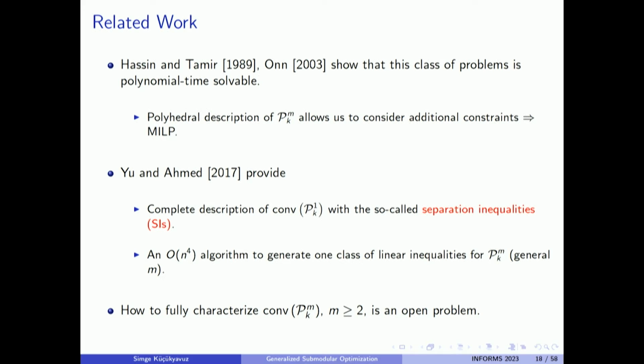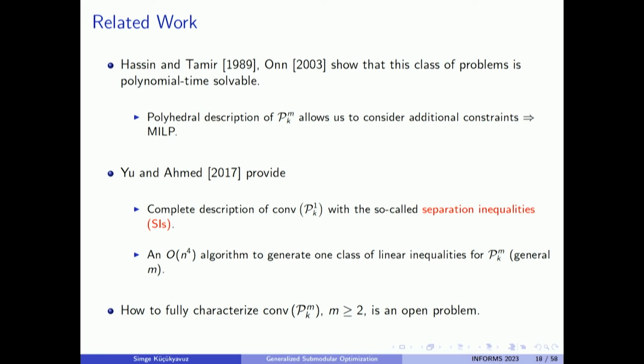So we'll be interested in P_k^m, the polyhedron that captures the epigraph of this function with m different weights and this vector a. This has been looked at before. For one weight, where every a_i equals some constant a, there is a class of inequalities known as separation inequalities that were shown to give the convex hull. So this is well understood if all weights are equal.